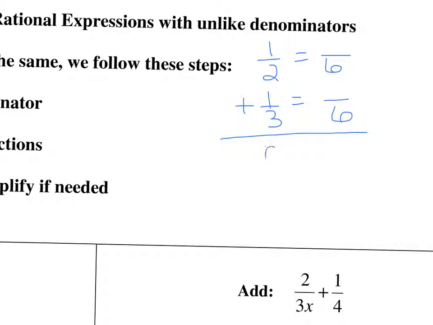Because it has a factor of 2 and also a factor of 3. So the common denominator has to have the factors that are in the original denominators. That's how you find a common denominator, by using the factors that are already present in your original denominators.